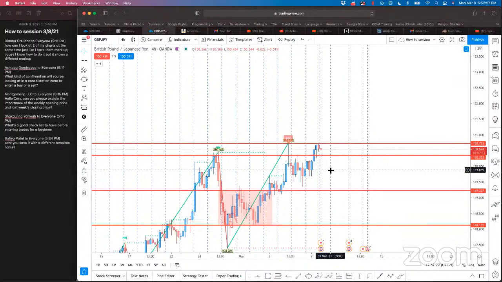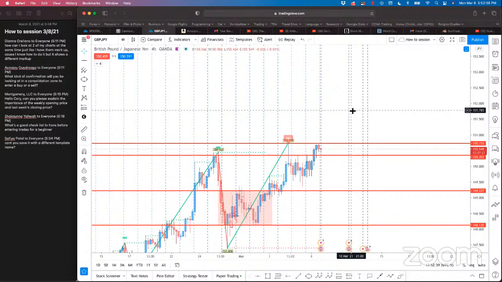But a checklist for me is, one, know what the higher time frame says. It's not always going to be as obvious as it just was, that it's pushing up. Two, move from the daily, or the weekly, or whatever the highest time frame you choose to look at.